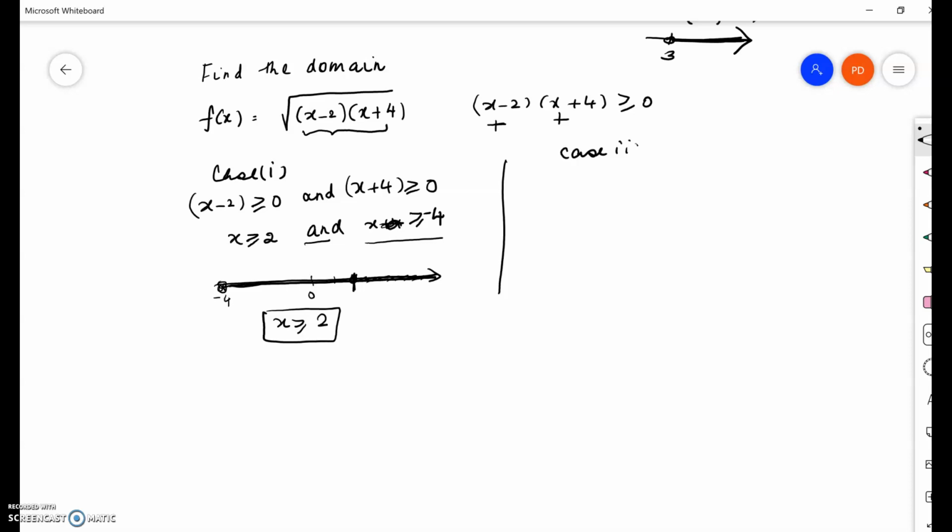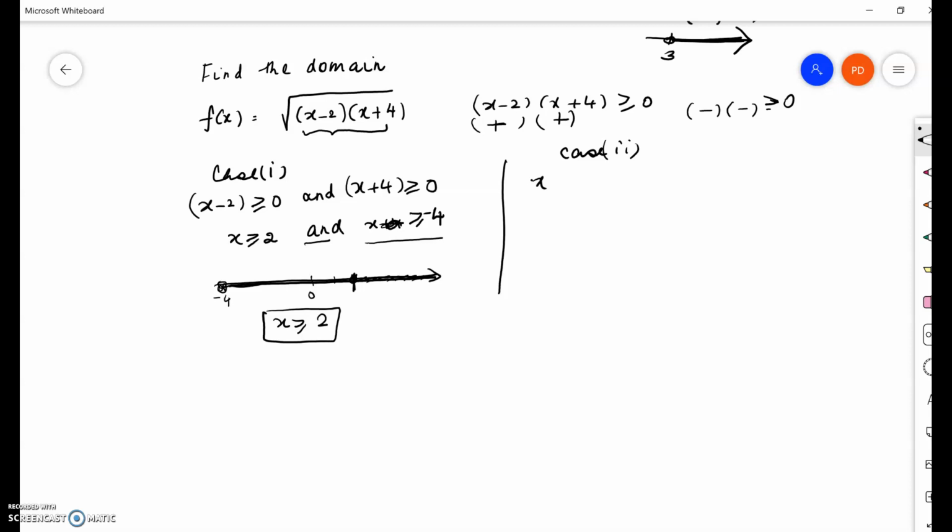So we are looking at the inside of the radical expression, and we are trying to figure out when the inside would be greater than or equal to 0. So positive times positive is positive. We also have two negatives, a product of two negative quantities or numbers would be also greater than 0.